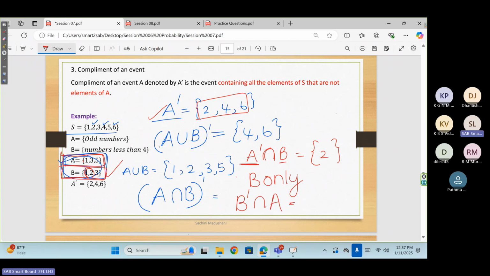A only. Here we can say B only, and this is the A only. Understood?